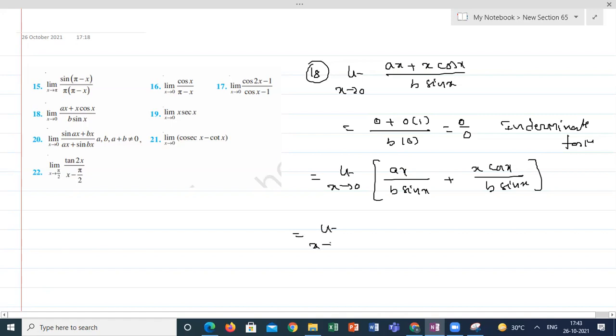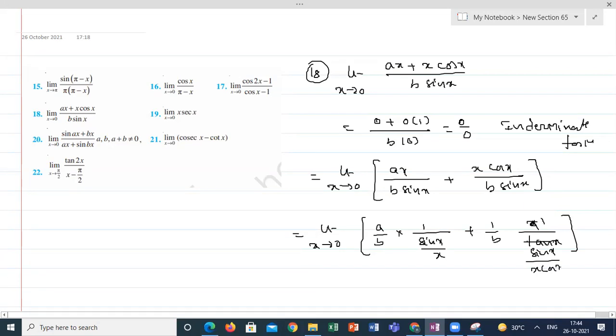This can be written as a by b into 1 by (sin x by x), plus 1 by b into x by tan x. Understood how it is tan x, students? Instead of going straight, it is 1 by sin x by x cos x.